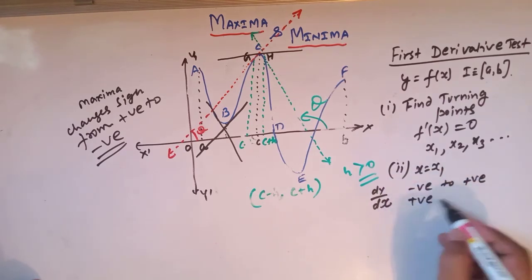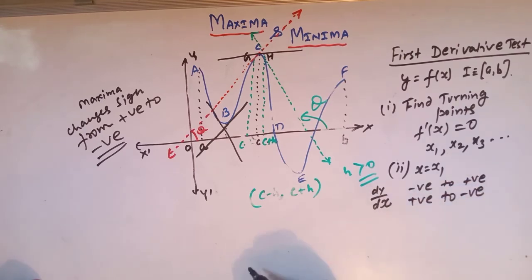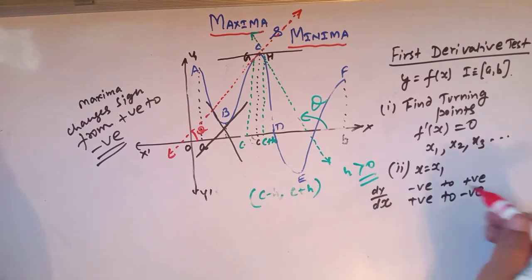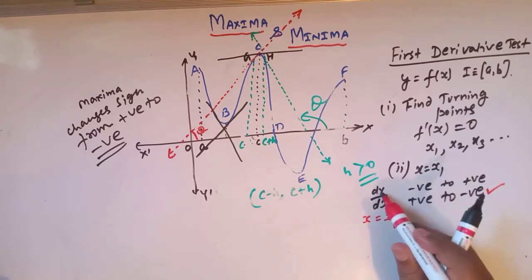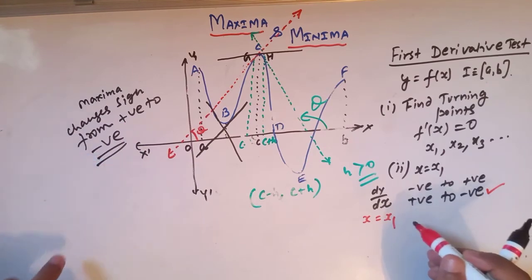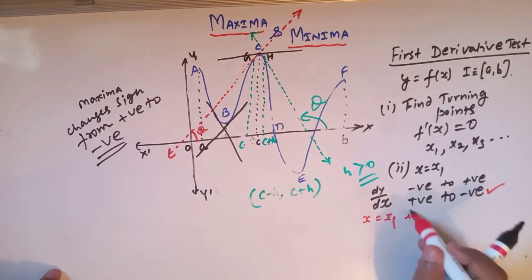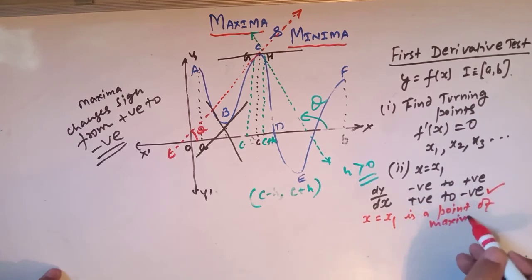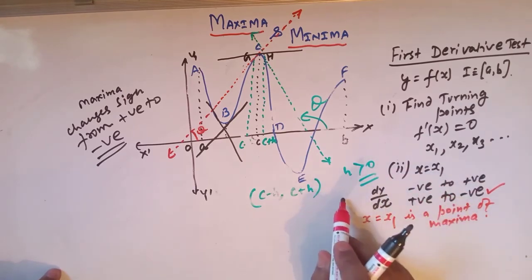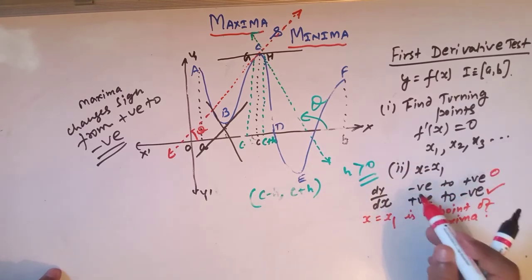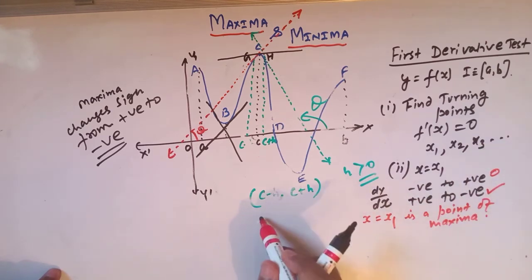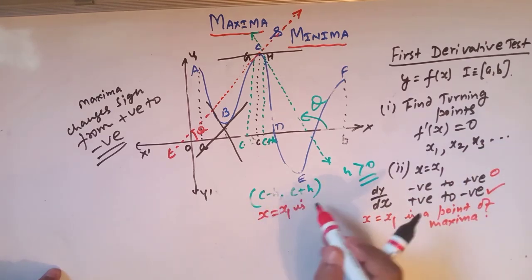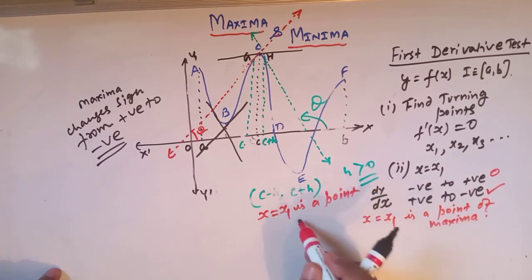If the derivative changes sign from positive to negative, then x equal to x1 is a point of maxima. And if the derivative changes sign from negative to positive, then x equal to x1 is a point of minima.